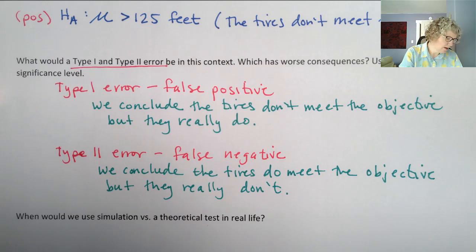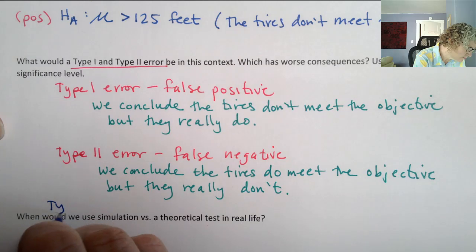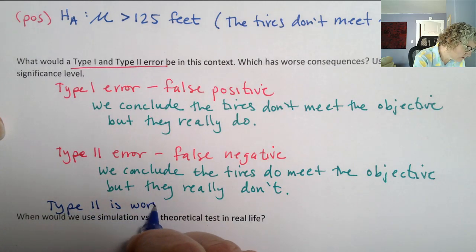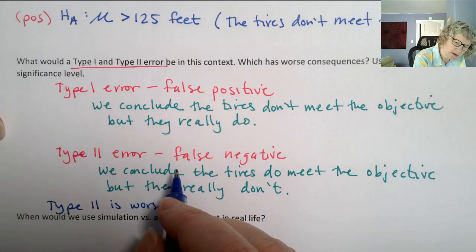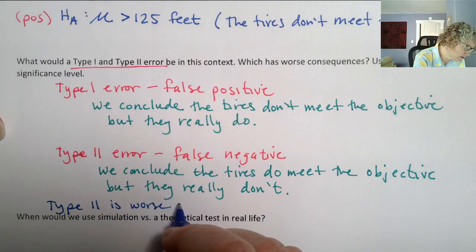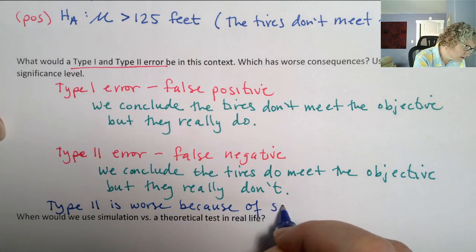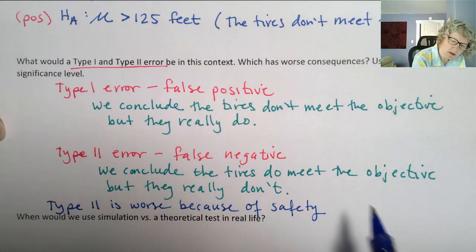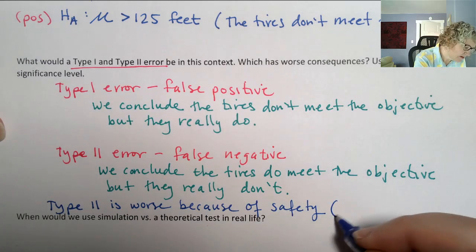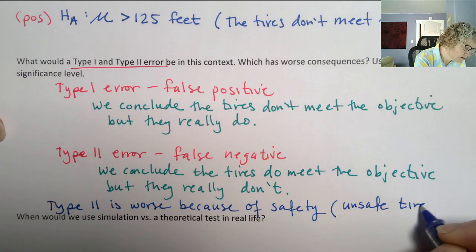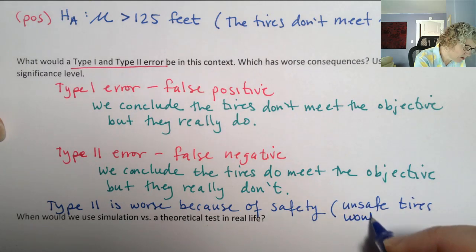So I think type 2 is worse in this case, because of safety. Essentially in this case, unsafe tires would be on the road.